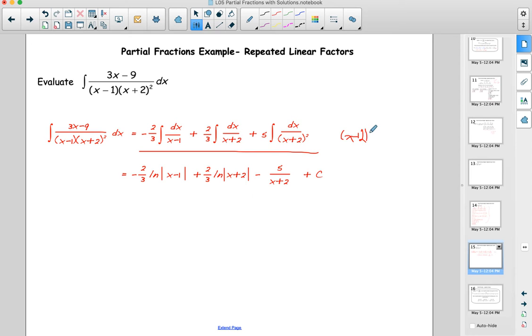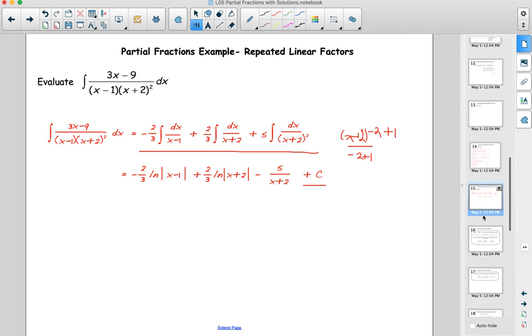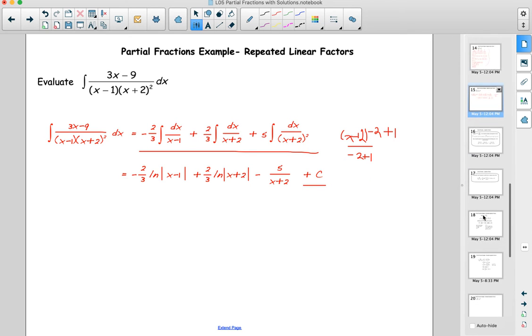If I go backwards, I'm going to add 1 to the exponent. I'm going to get (x + 2) to the -1, which is 1 over x + 2. And then I'm going to need to divide by -2 + 1. So the +5 out in front has now become a -5, and that's how we got to -5 over x + 2. And then don't forget the plus C. And I hope I didn't forget it in the other places.